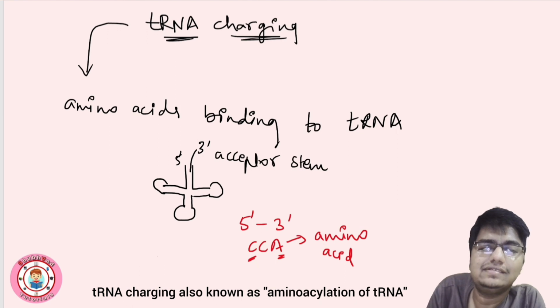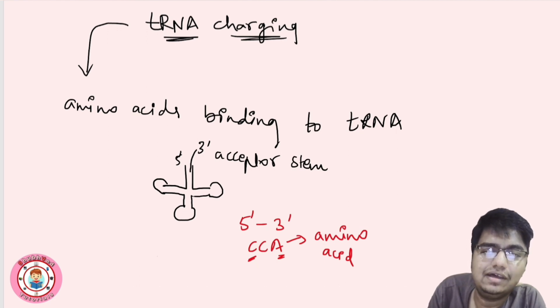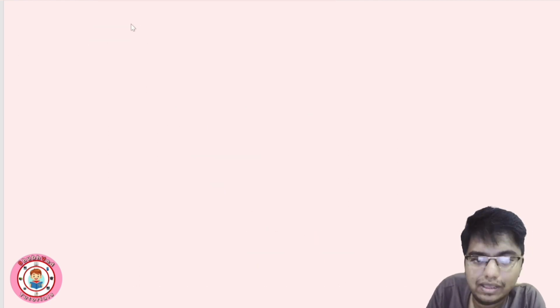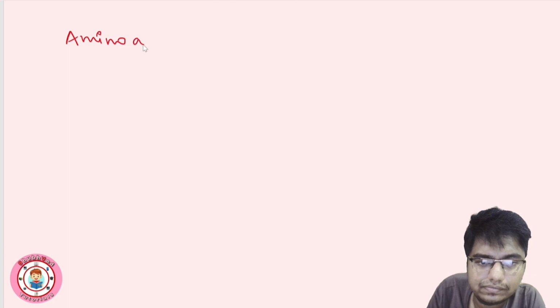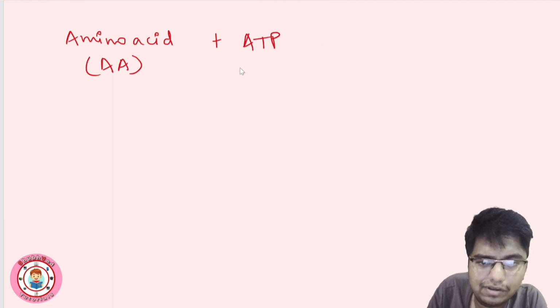Now let's see the steps in the tRNA charging. First of all, amino acid. I will write amino acid by capital AA, and ATP plus ATP. ATP I will show here: 1, 2, 3.